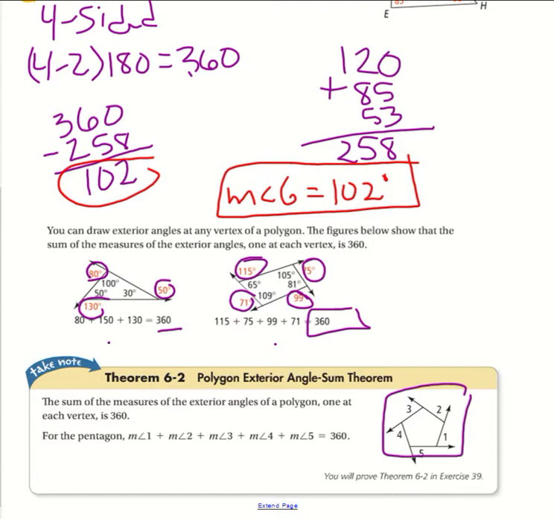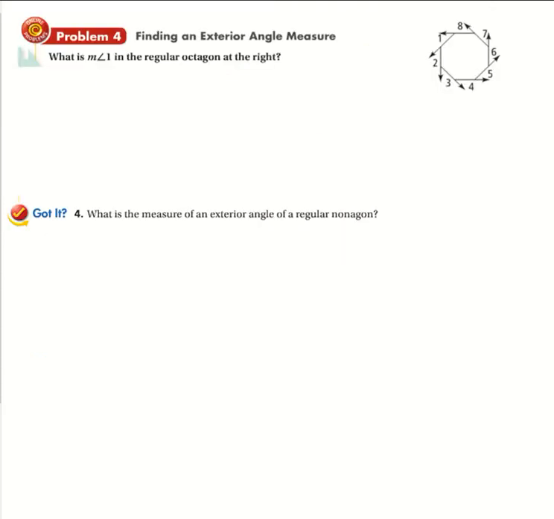So let's actually do some problems with that. Here I have an octagon, and it's a regular octagon. What does it mean to be regular? Again, go back and look through your notes. To be regular means that all of the sides are congruent and all the angles are congruent.